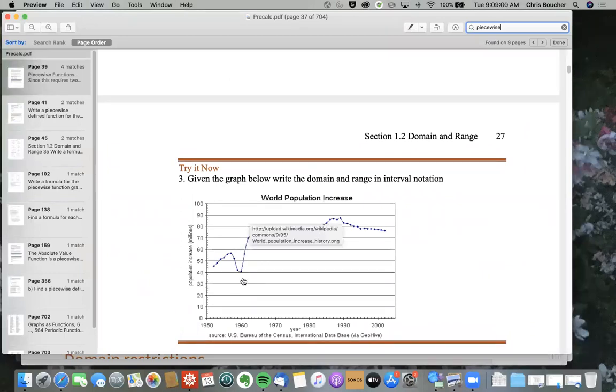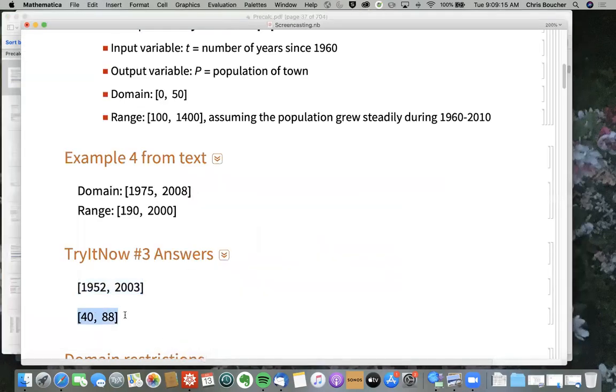So the outputs go from a minimum of about 40 million to a maximum over here of a little less than 90, maybe 88 or 87 million. So my range is the interval from 40 to 88, right? Notice that domains and ranges are sets of numbers. So in answer to the question, what is the domain? The response should be some set of numbers.